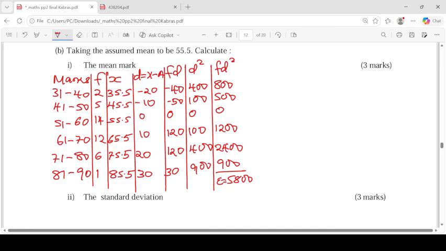When you add the FD column, negative 40 plus 50 plus 120 plus 120 plus 30, this is 180. Remember the total frequency here was 40. Now when you have this table, let me maybe just rule it so that we don't get confused.